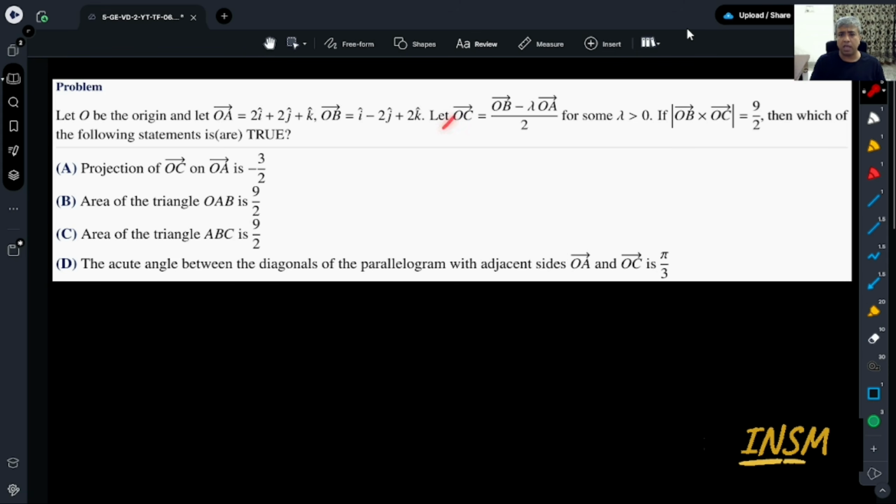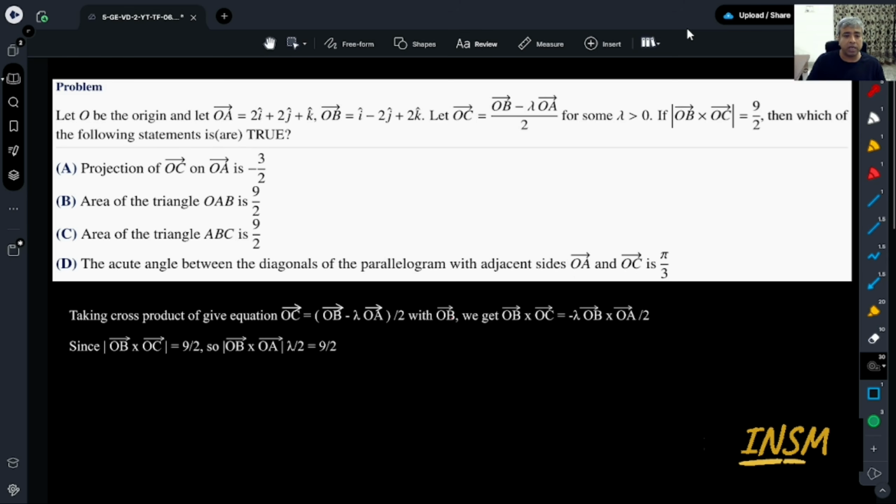So if you take a cross product of OB here, you will get OB cross OC, that we know its mod here. This term will become 0. Okay, and here you will get OA cross OB. Okay, so OA cross OB we can find since we know OA and OB.